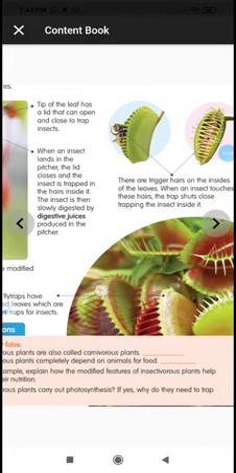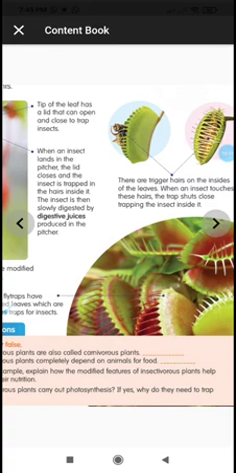One aquatic plant is bladderwort. Bladderwort is an aquatic plant. It also has leaves modified into a bladder-like structure. With the help of this bladder, it gives out a sweet smell to attract the insects.